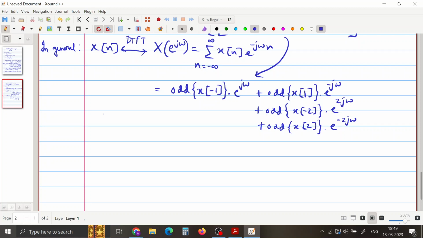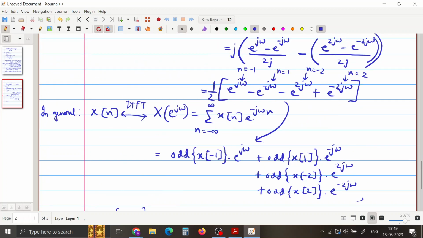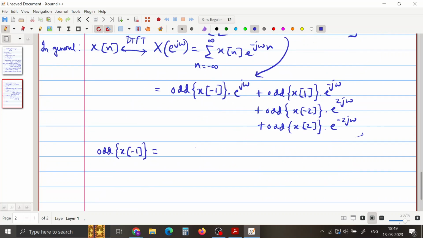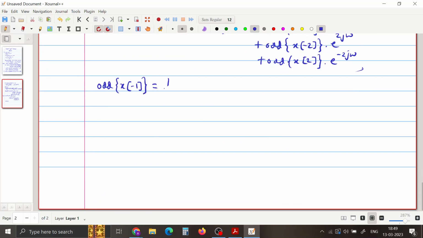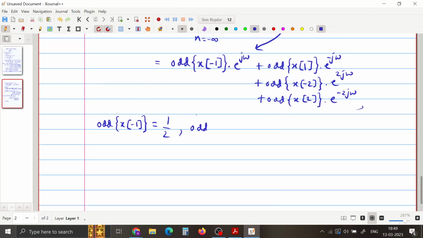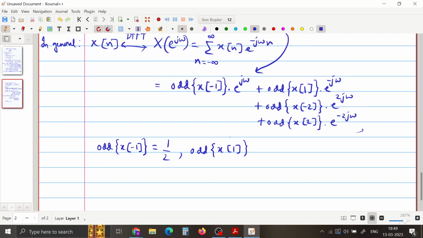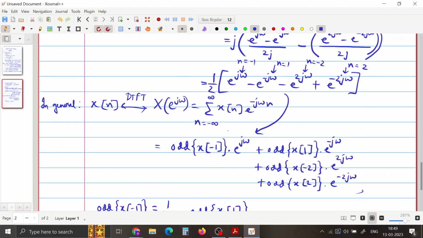So where the odd part of x of minus 1 is what? If you just compare from this to this, it's half. At n equals 1, this is minus half.